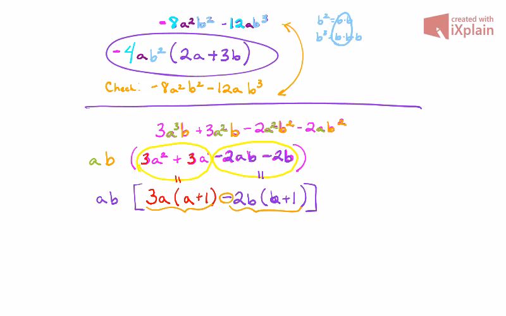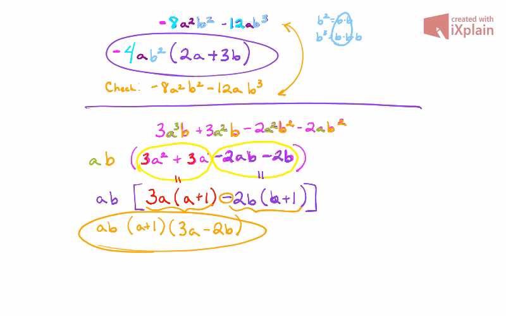Notice that each one has an a plus 1 in their terms, so we can factor that binomial out. So now we have ab times the quantity of a plus 1. I'm going to remove that. And then we're left with the 3a minus the 2b. This is where it's completely factored.